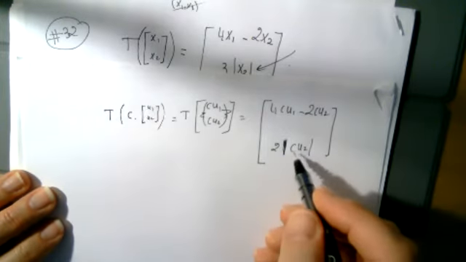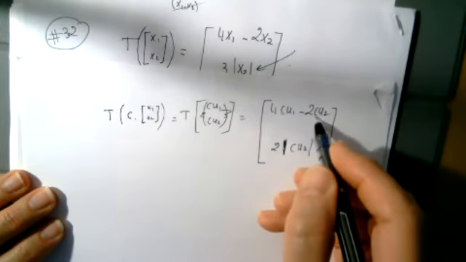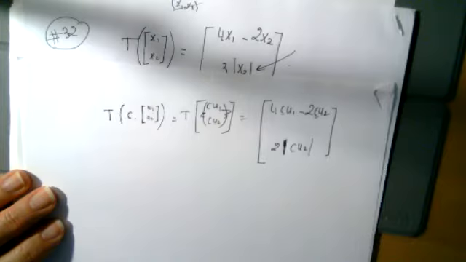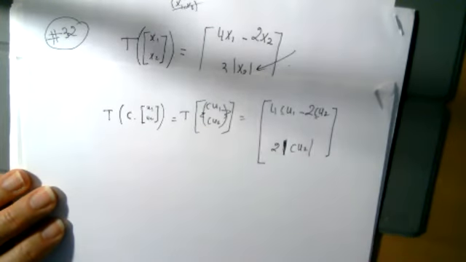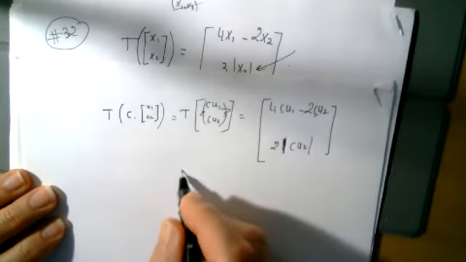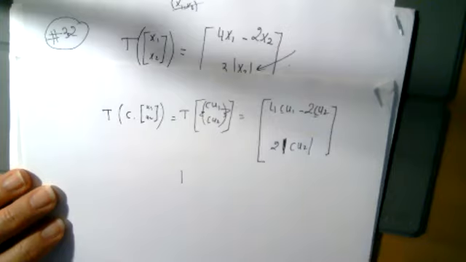Now the question is, here I can factor out my C for the first entry. Can I factor out the C in the second entry? What do you think? No. Why? Because if it was negative, it wouldn't be the same. Exactly. And that's why the linearity is breaking.